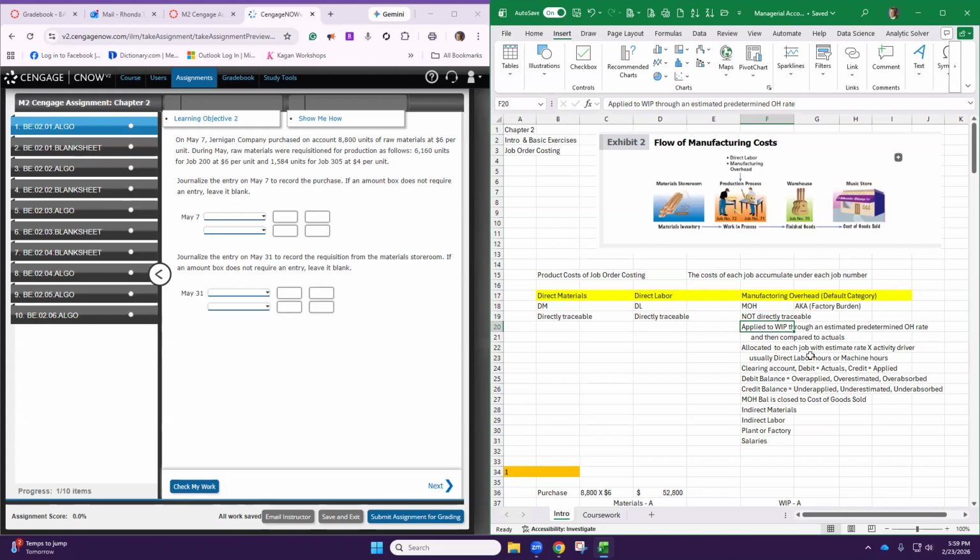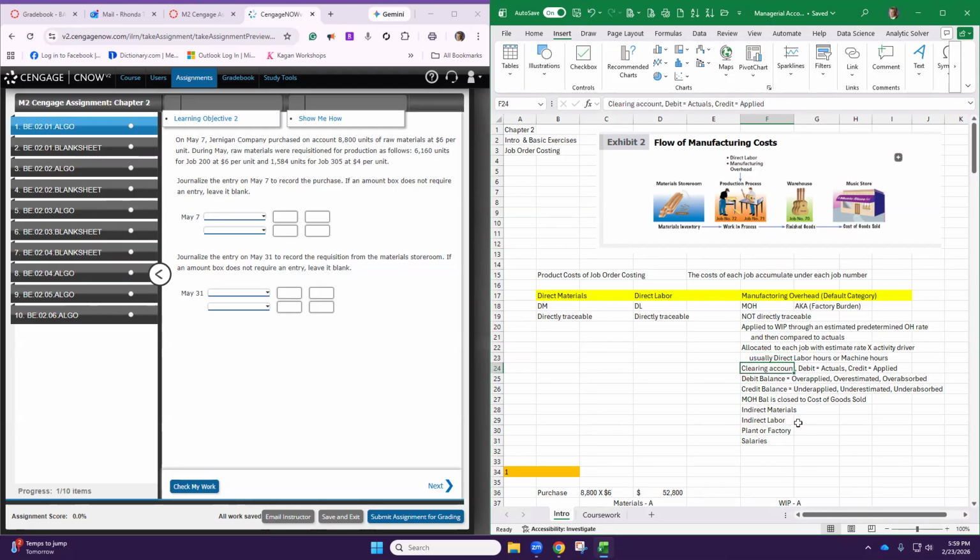Now, we're going to learn about predetermined overhead rate, and that's so much per, usually it's per hour of some sort. Usually direct labor and machine hours are used. So you need to watch for those. Okay, so for every hour of direct labor we have or machine hour we have, we apply, means to add to or accumulate a certain dollar value of overhead.